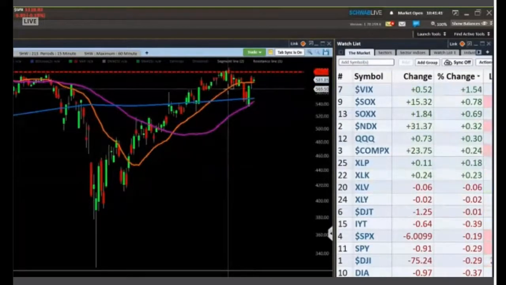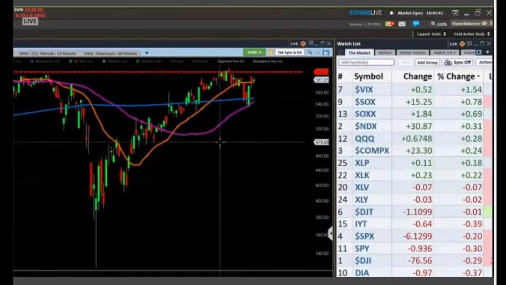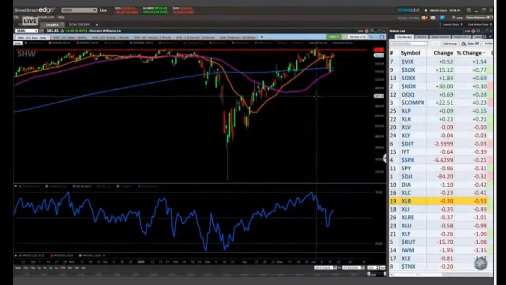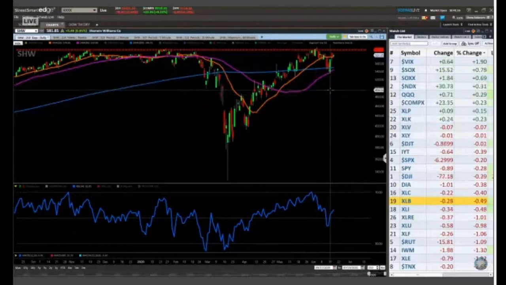So we'd call that, and the subsequent pullback, a failed breakout, since it did make a new all-time high but then retreated. What I find positive on this chart, Lee, is that the retreat came to the 50-day on the money, and that's what got bought up with a beautiful engulfing candle on Monday.